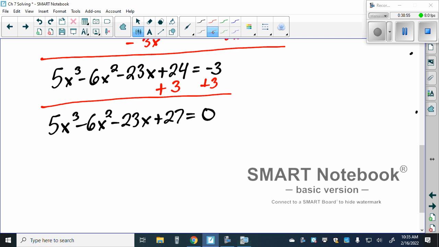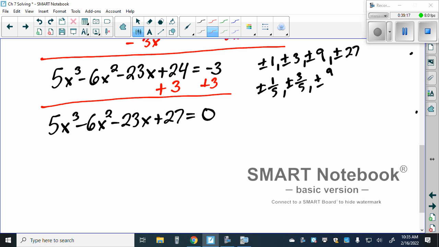At this point, we are able to actually solve this, because most likely our factors for this are plus or minus 1, 3, 9, 27. Well, we know those aren't it. Then we'd have 1/5, 3/5, 9/5, or 27/5.